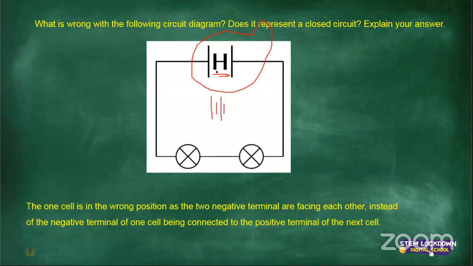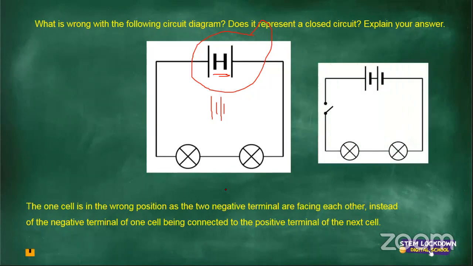You can't have it like this. So this is the correct way it should be represented, except here I put a switch and this shows you it's open. Your cells should be arranged this way.